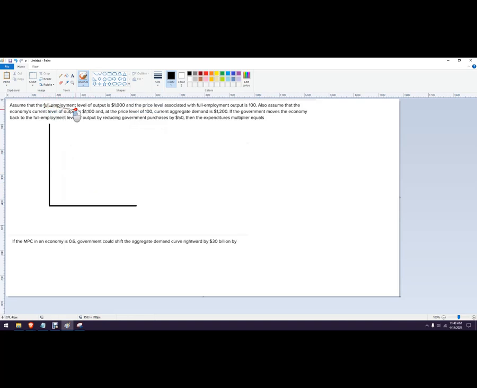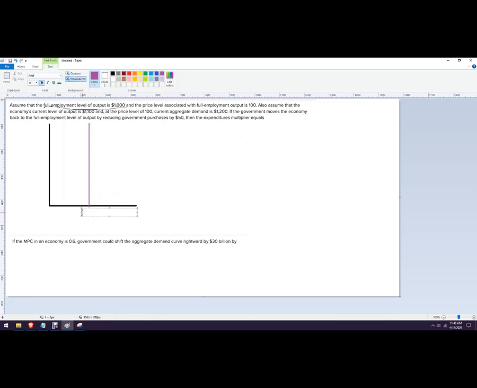It says here, full employment level is 1,000. So full employment, what does that mean? That means that's the upper limit on what an economy can produce. So we're going to draw a straight line right there. This is the limit of what this economy can produce, and it's telling us that is 1,000.